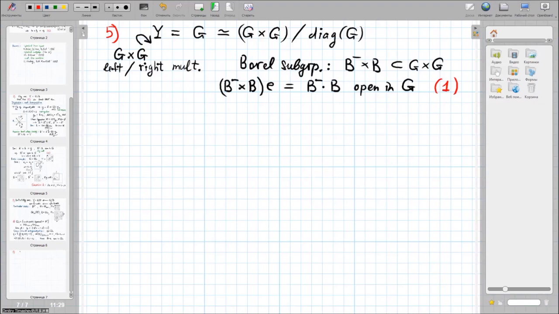So let me conclude this list of examples by a series of exercises for you. The second exercise; we have already seen the first one.